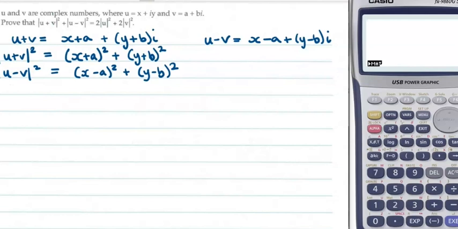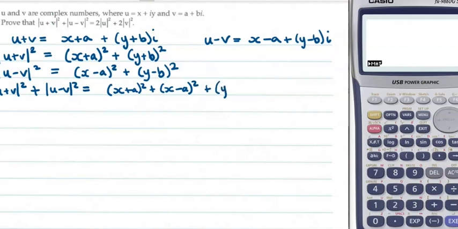So let's put those two things together. Modulus of u plus v squared, and then add together modulus of u minus v squared. So we will have x plus a squared, x minus a squared, y plus b squared, y minus b squared.